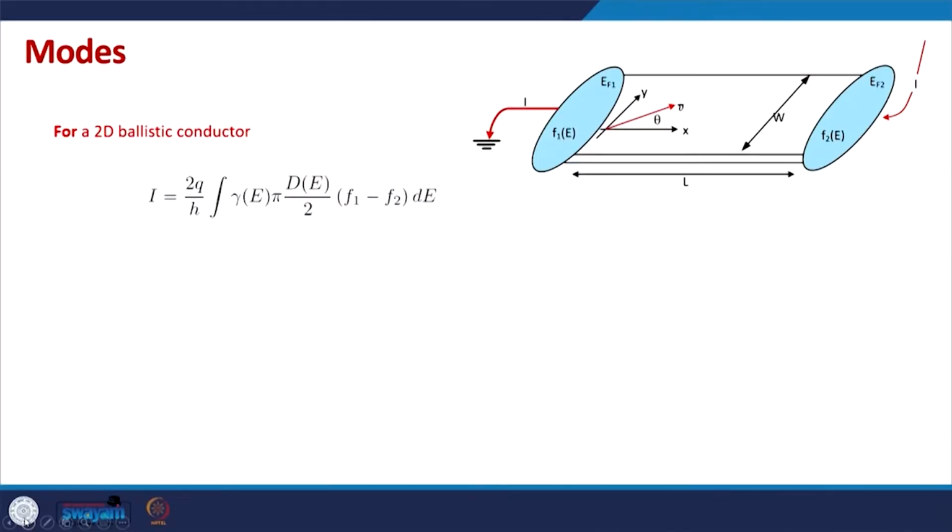Now one thing that needs to be kept in mind is that when we deal with electrons, we have the valence band and the conduction band.